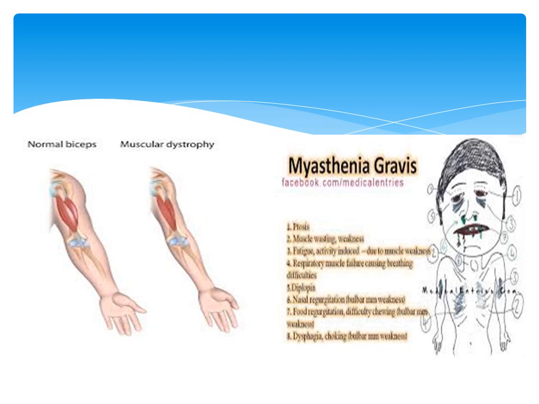Now coming to myasthenia gravis, as we know it is a problem of the neuromuscular junction, so there will be failure of contraction of the muscle or weak contraction.